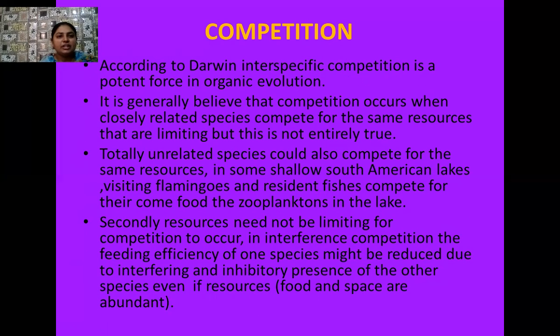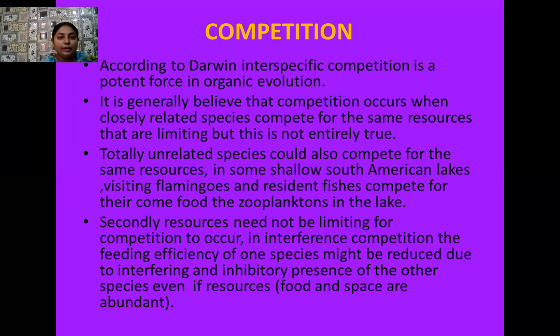That means competition is always intraspecific competition, and it is a potent force by which organic evolution happens. It is generally believed that competition always occurs between closely related species, and these closely related species compete for the same resources, which are limited in their habitat. But that is not entirely true. Totally unrelated species can also compete for the same resources.